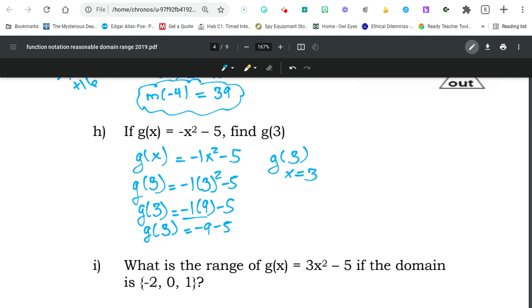You're going to multiply negative 1 times 9, and then negative 9 minus 5 is negative 14. So when I evaluate that function with an x value of 3, I get out negative 14. Just as simple as that. It's just input and output. Domain, range, independent, dependent.